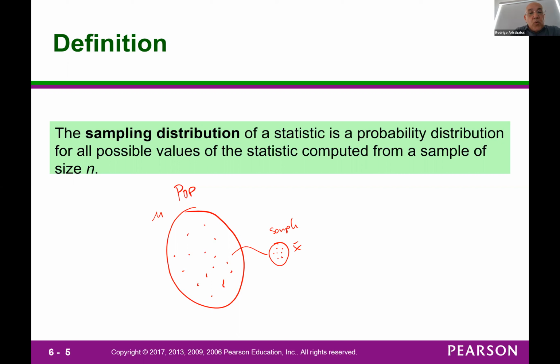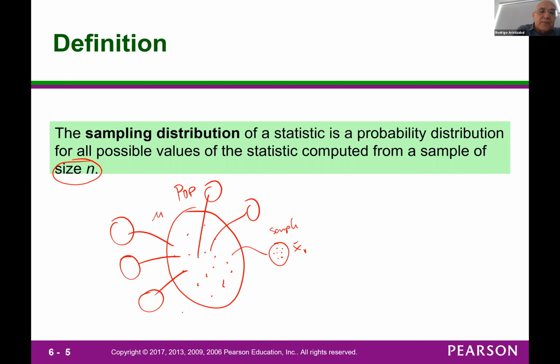Actually, if we select one sample of size n, we are interested in knowing the distribution of all possible sample means obtained from samples of size n. But to study that, we need to obtain all possible samples, or a large number of samples, of the same size, all of them.